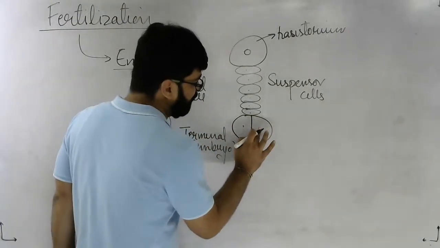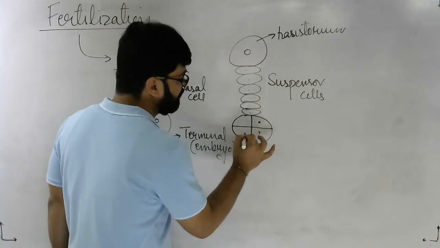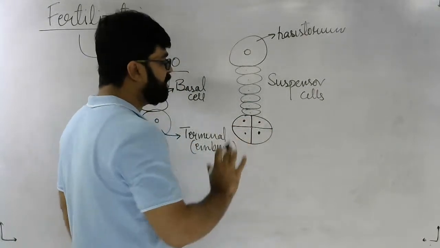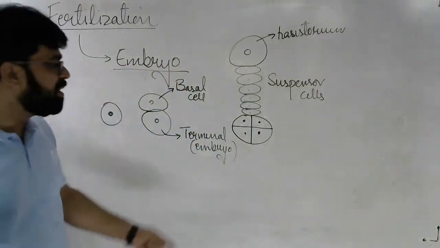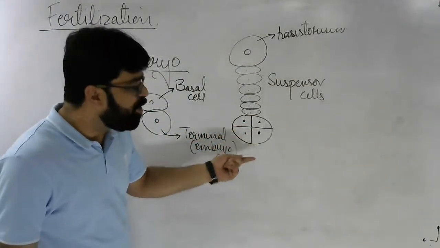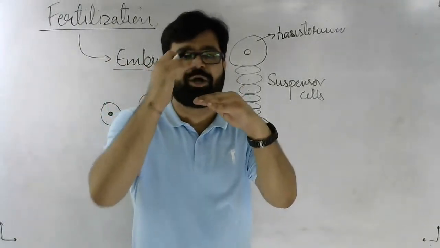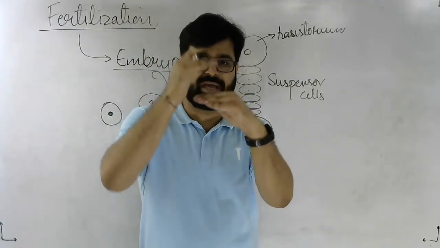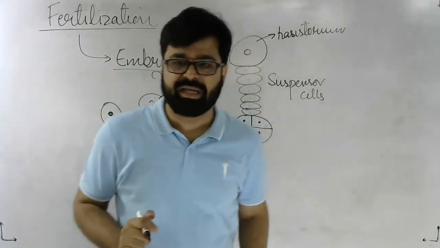Okay, this is followed by a transverse division. You are observing 4 cells, but after one more division, these 4 cells will become 8 cells, and they are arranged in 2 tiers. Okay, tiers, you know, एक के ऊपर एक layers के form में.